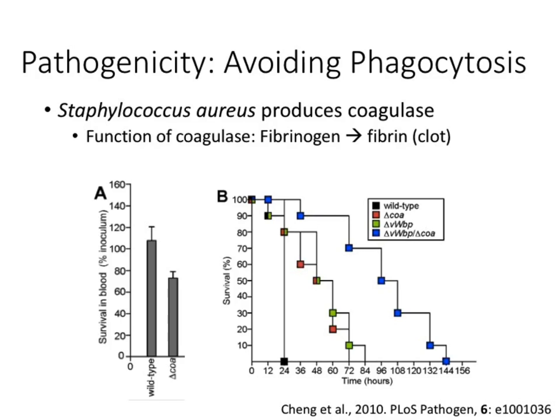Exactly. Coagulase protects. Not only does it protect, but take a look at the graph here on the right. This one, they took mice. They infected them with wild-type Staph aureus or Staph aureus lacking that COA. So just again, focus on the black and the red. Those infected with Staph aureus, all of them are dead within 24 hours after infection with the amount that they inoculated with.